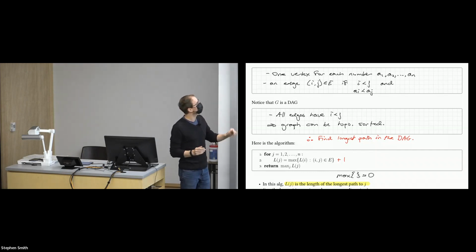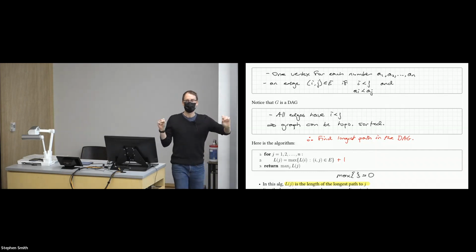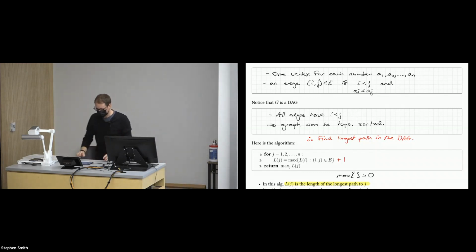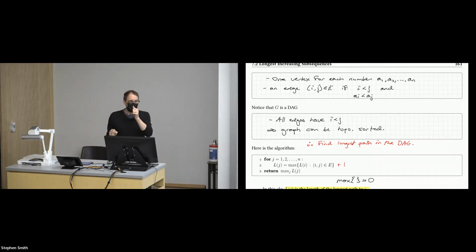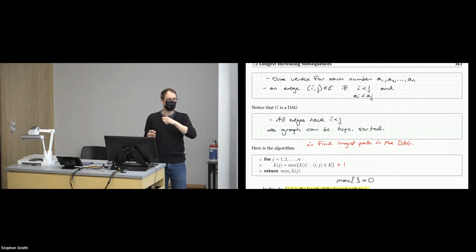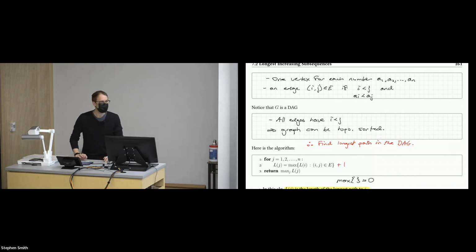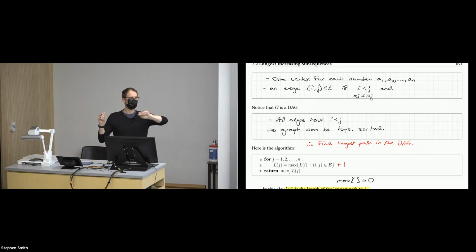We thought of that sequence as a graph where we connected two nodes: if the index i is smaller than j, and the value of a_i is smaller than the value of a_j, then we draw an edge from i to j. This graph is acyclic because it follows the ordering of the indices. All the edges go to a higher index, from a_i to a_j where j is greater than i.